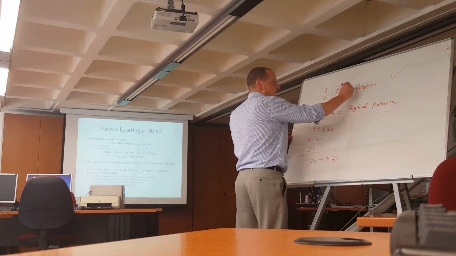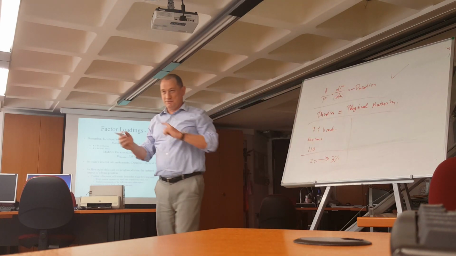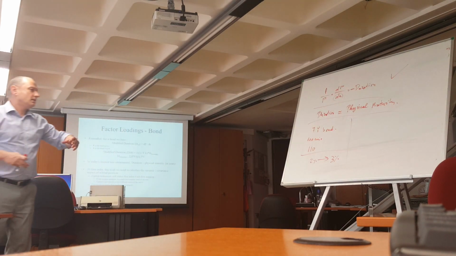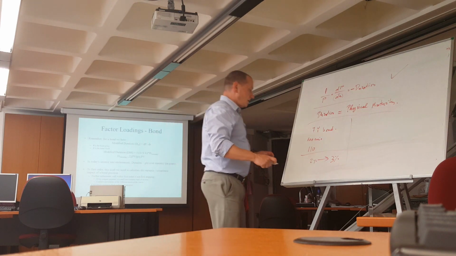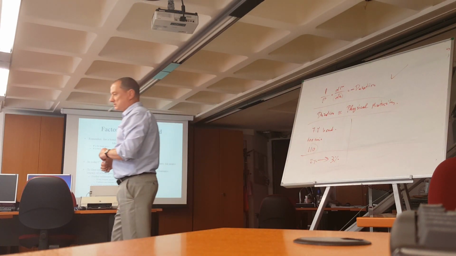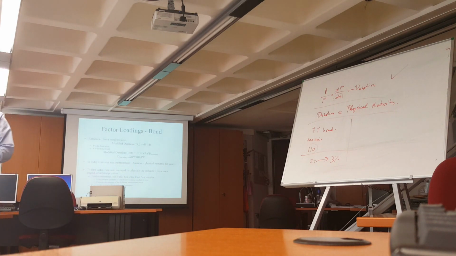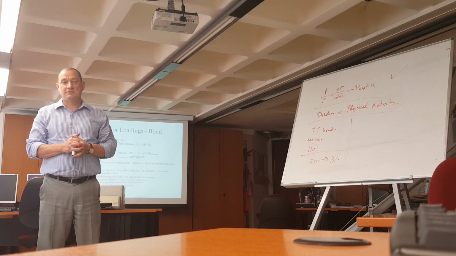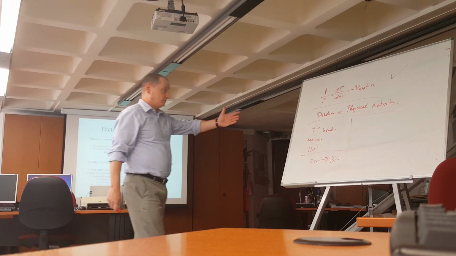Sorry, there's a minus. It's the inverse price-yield relationship. So, can anyone tell me what's going to be the price impact on this position of 110 million? It will decrease. By how much? I don't know. Let's start.